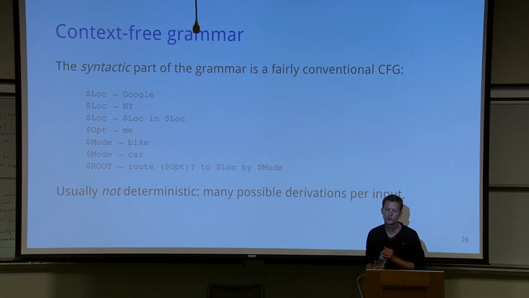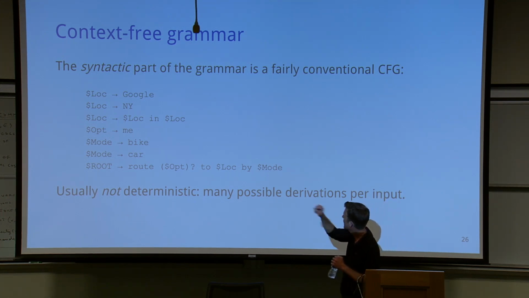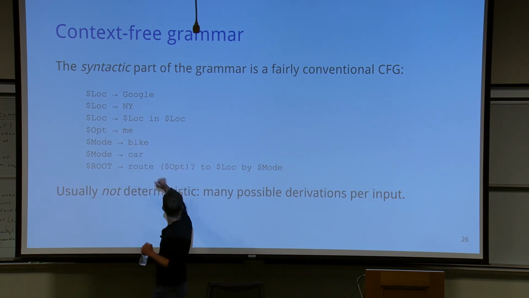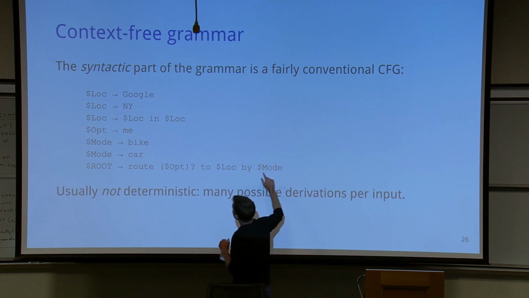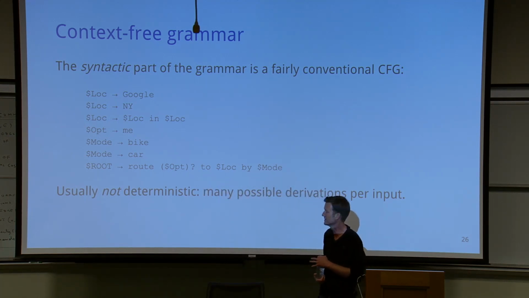So this particular grammar fragment could be used to parse just a handful of queries. It could be used to parse route me to New York by car. It's one possible thing that can match this grammar.